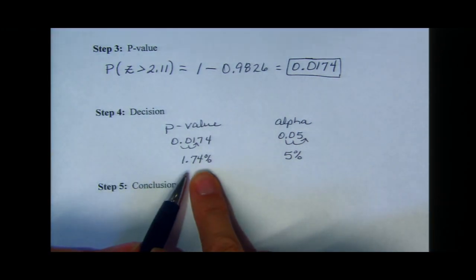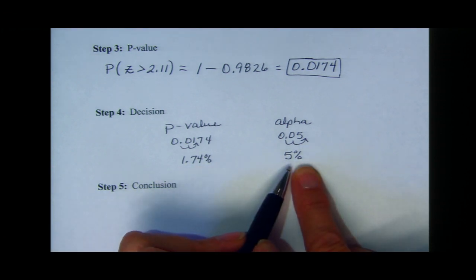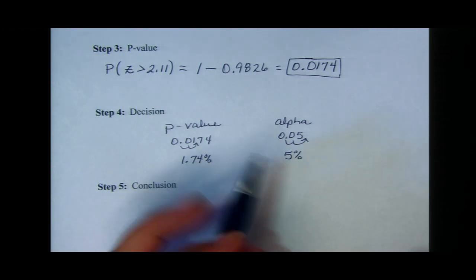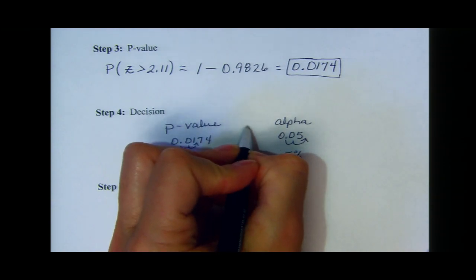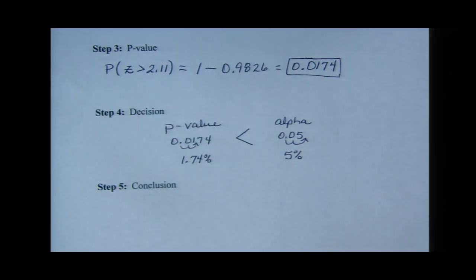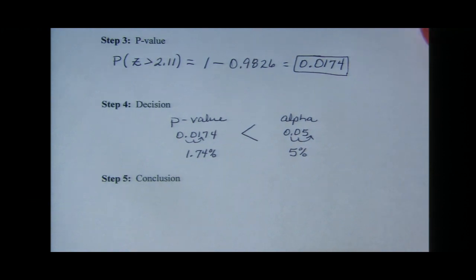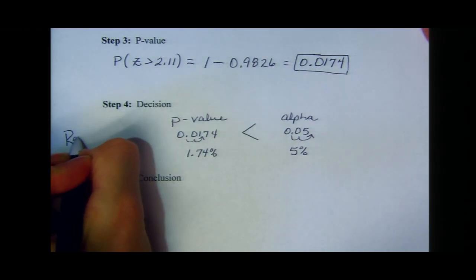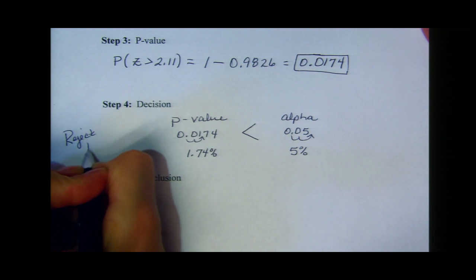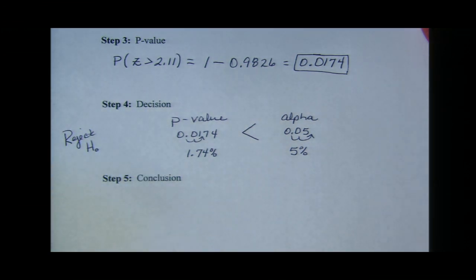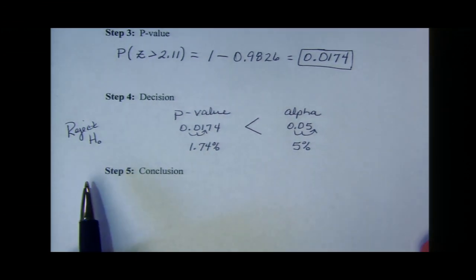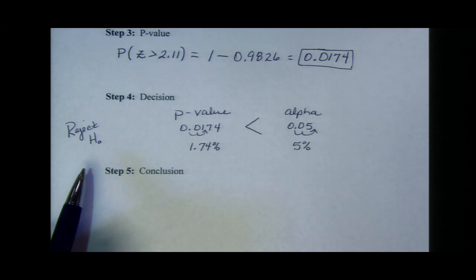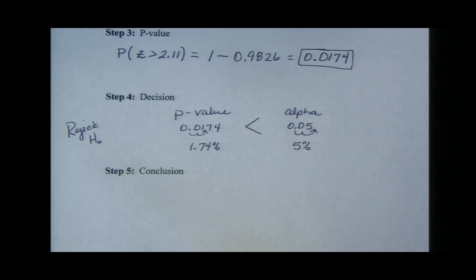So here's the probability that we make a type 1 error. Here's the probability we're willing to make a type 1 error. So since this is less than, that tells me I reject the null hypothesis, which means when we reject it, we're saying the null is incorrect. We have shown in our test or concluded that it has changed to the alternate.